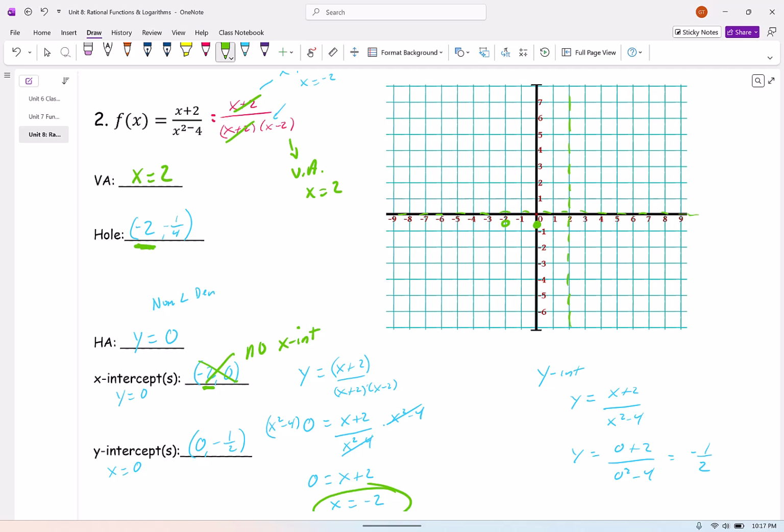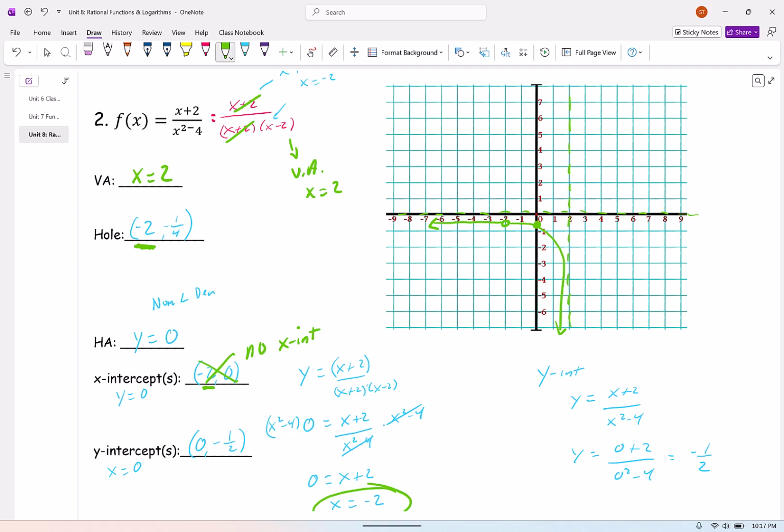I'll fill that in. So we know the asymptote's right here at 2. It's going to be right along there. It doesn't have to be perfect, but you can tell that we're not going to cross that asymptote.